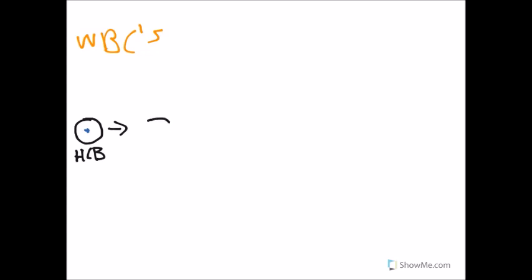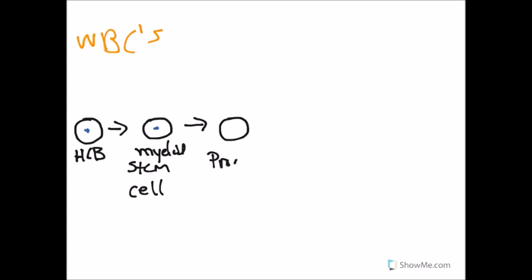Now, that differentiates, of course, the first cell line that will derive from this will be a myeloid stem cell, right? A myeloid stem cell. And then this cell, now, generally speaking, we are going to refer, for many of these cells, to what is called a progenitor cell.